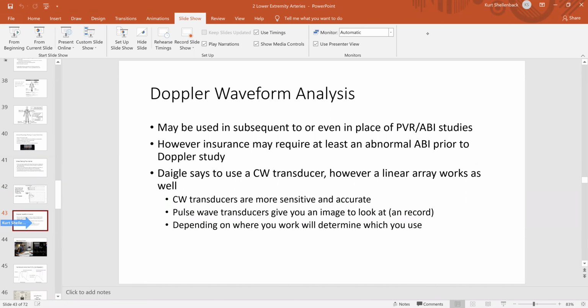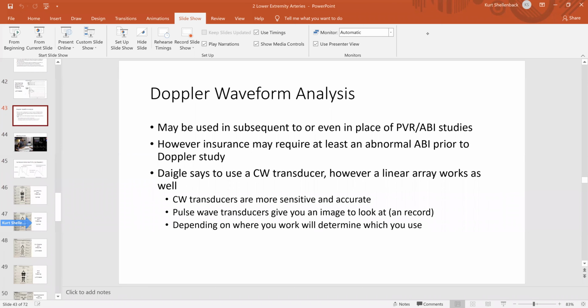All right, Doppler waveform. So yeah, Doppler may be used in subsequent or even in place of PVR and ABI studies. However, insurance may require at least an abnormal ABI prior to a Doppler study.